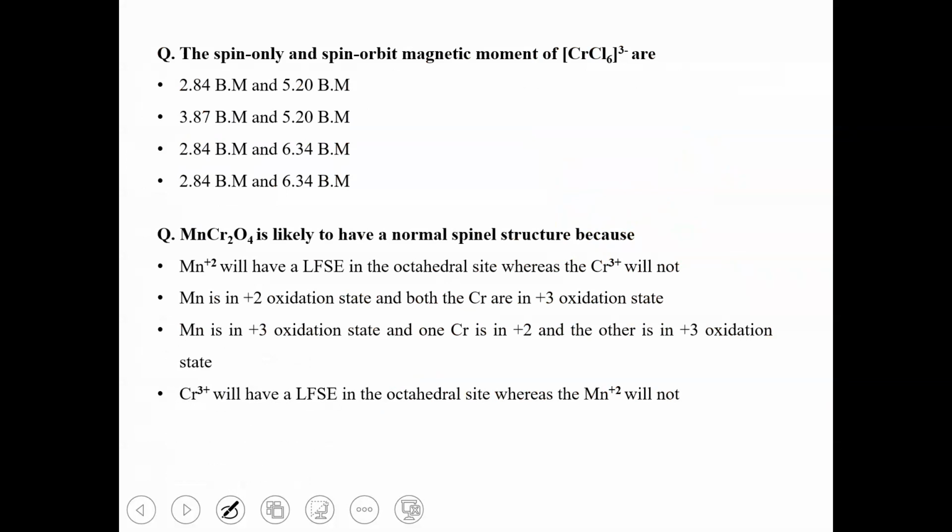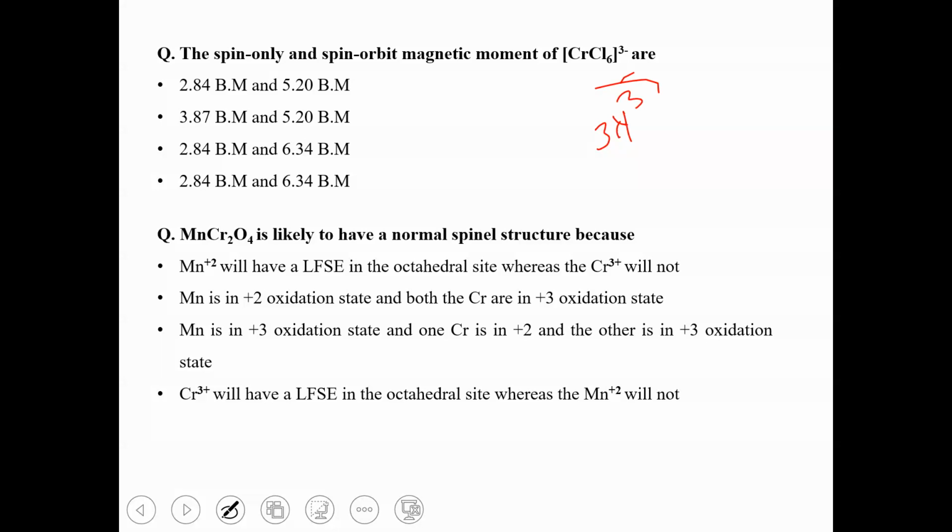Okay. In the first one, that is chromium +3, that is 3d3. Okay. Since it is an octahedral environment, when you fill the electrons, it will occupy only the t2g levels. Okay. Hence, all the electrons will be unpaired.